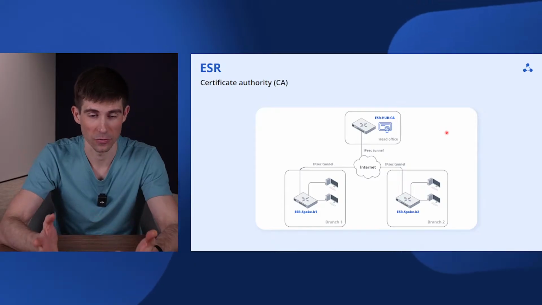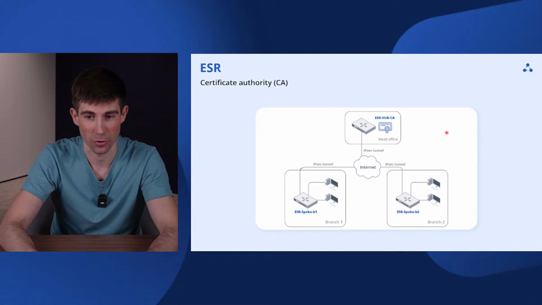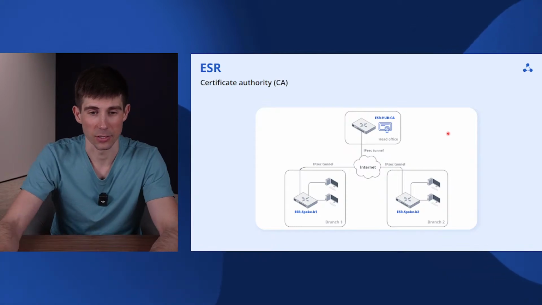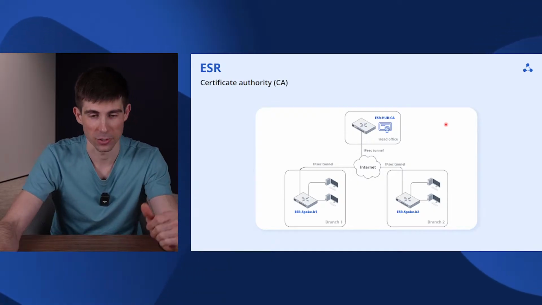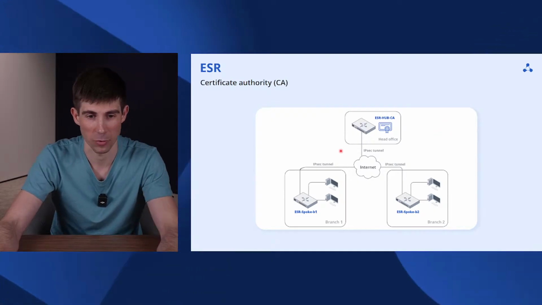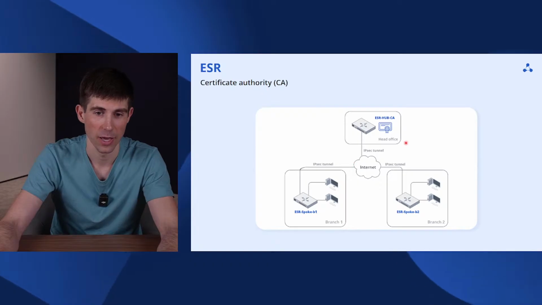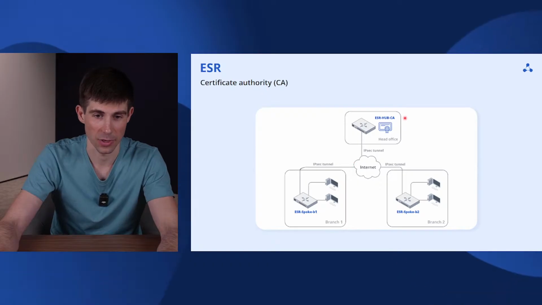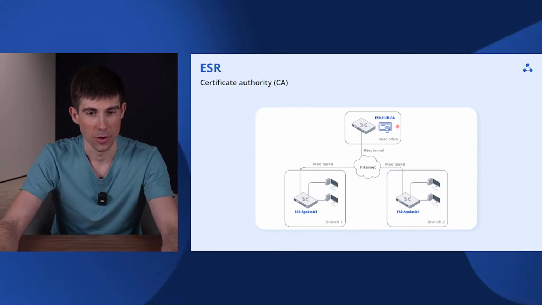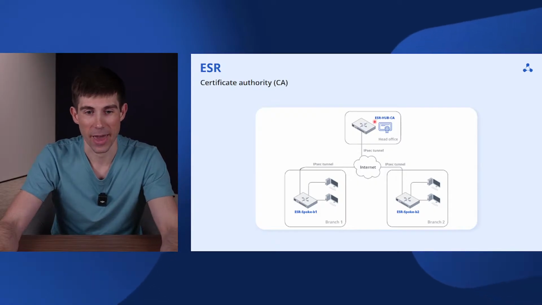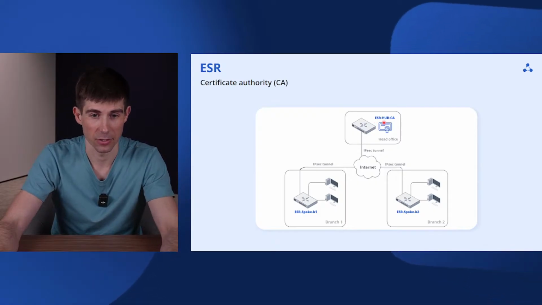You do need a certificate authority to manage your certificates, and we used to be able to use a third-party certificate authority for the process of setting up tunnels. Now you can see on this diagram that the head office ESR, say ESR 3200, may act not only as a hub but as a certificate authority as well.